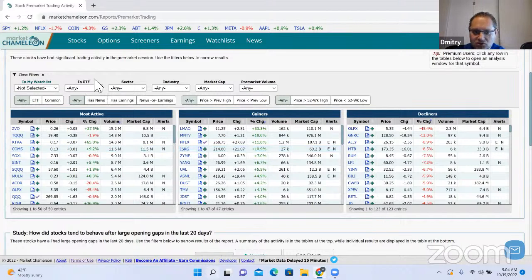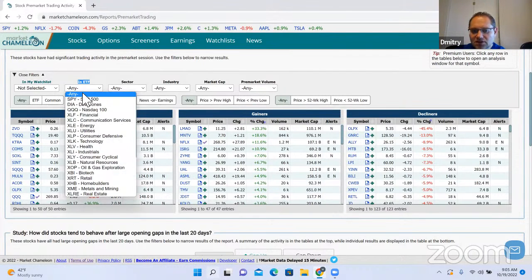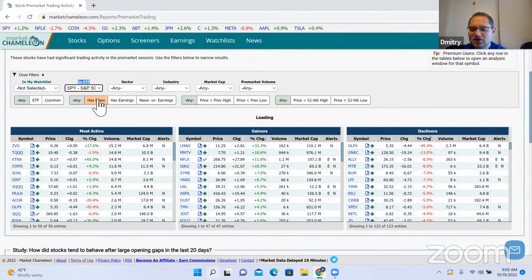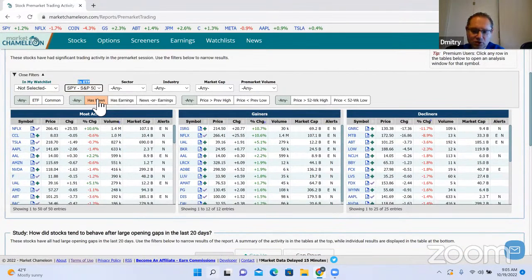To do that, I'm going to use this ETF filter here, drop it down, and go to the SPY ETF, which is the S&P 500 ETF. By choosing that, the list below gets filtered by the holdings in SPY, which are the S&P 500 constituents. And here I see 12 stocks made our percentage gainers list, 25 on the decliners.